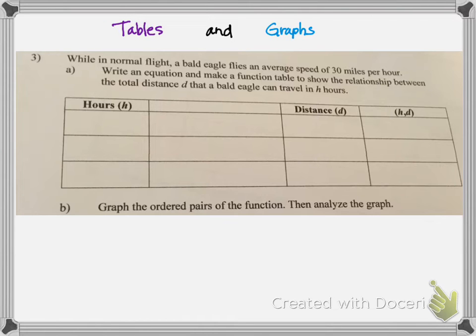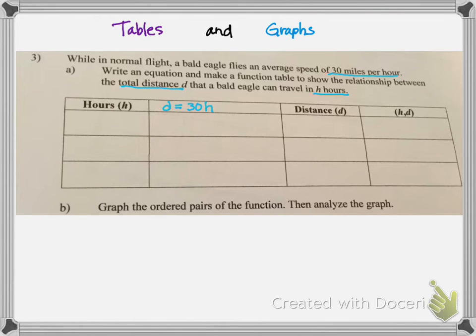I'm going to highlight a couple of things that I think are important. Speed of 30 miles per hour. We have a total distance D, and we have H hours. So I'm going to take that and write my equation: distance is equal to 30 miles per hour times the number of hours.